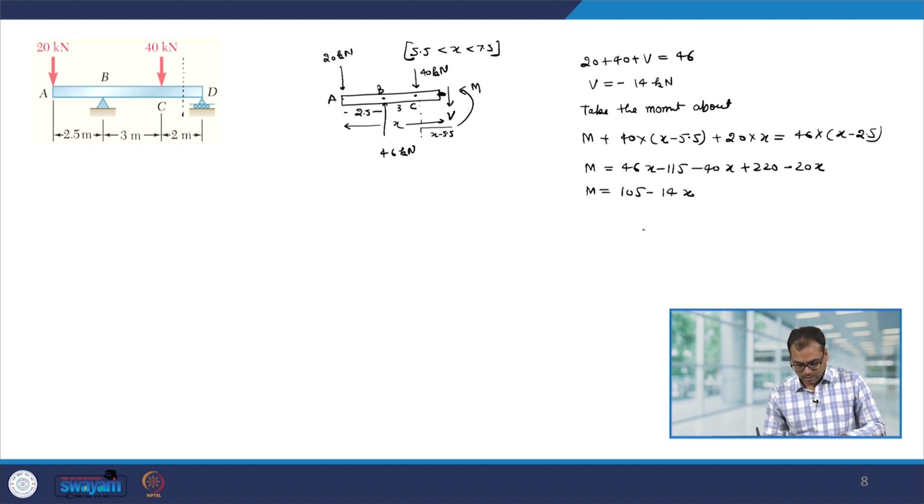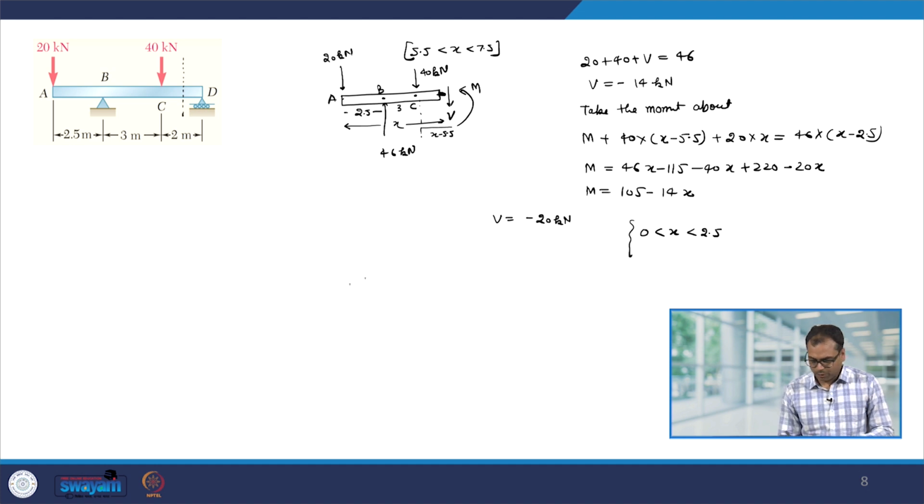So, in the region between 0 to 2.5, we got V equal to minus 20 kilonewton and m equal to minus 20x.